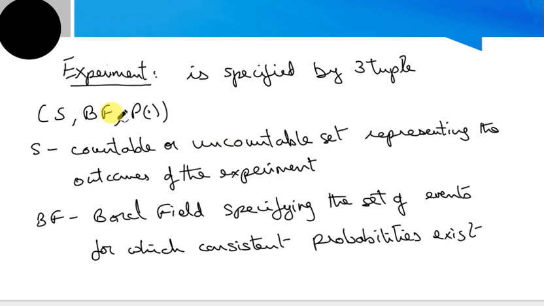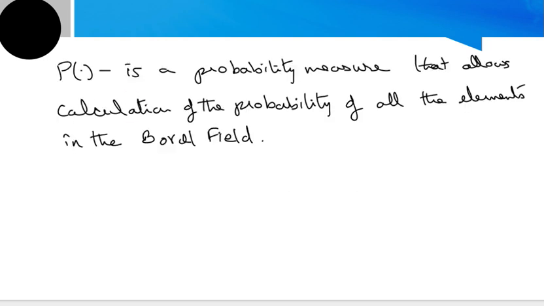And now, when we define the experiment, we define it by a three tuple: S, which is a countable or an uncountable set representing the outcome of the experiment; then the Borel field specifying the set of events for which consistent probabilities are there; and then the probability measure P that allows calculation of the probability of all the elements in the Borel field.